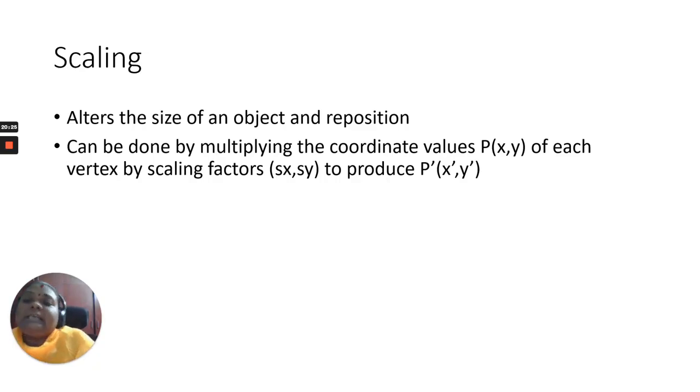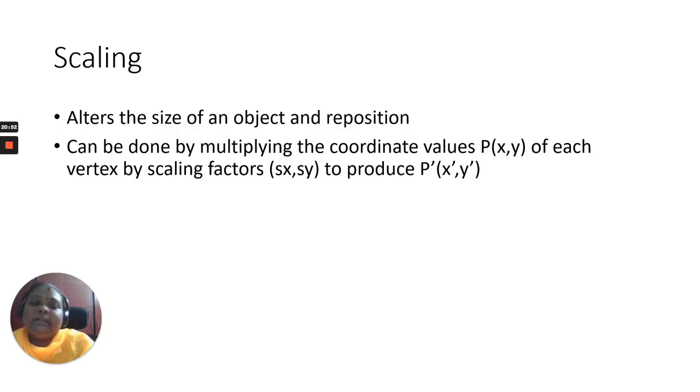Scaling is altering the size of an object and repositioning it. So when you alter the size of the object, automatically the object will be repositioned. In this case we will be multiplying the coordinate value. In translation we have added, but if you want to resize the object, that is, to enlarge the object, then we will be multiplying it.